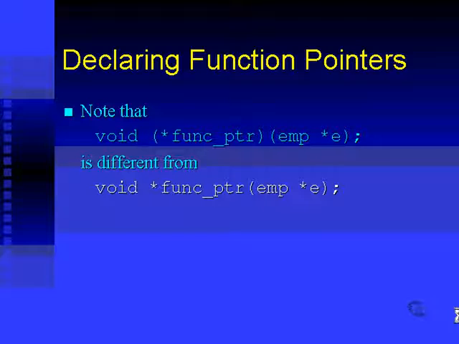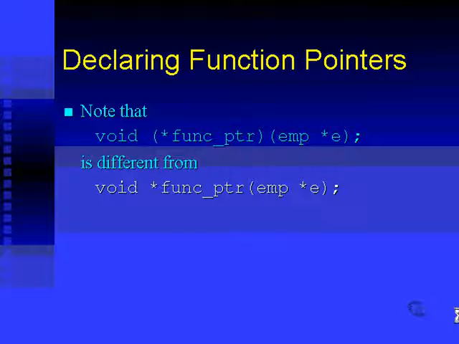In other words, it returns a void pointer. Its return type is void star. So in other words, the previous line on the slide is a variable declaration, and the last line is a function prototype. And the only thing that's different is the positioning of the brackets. I just want to draw your attention to that.